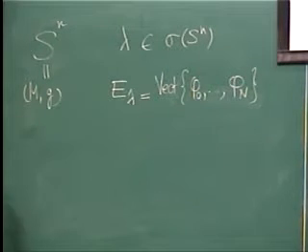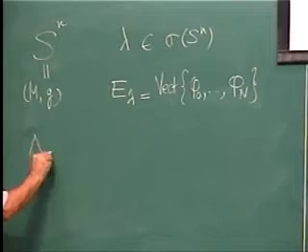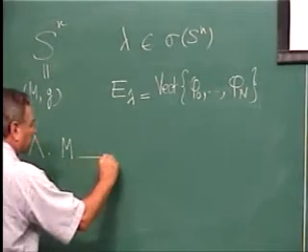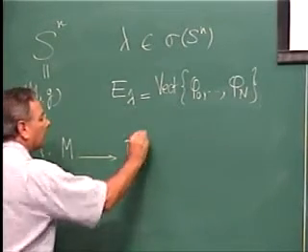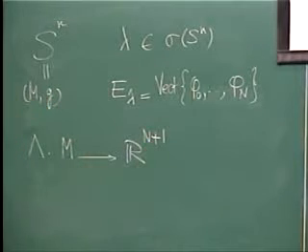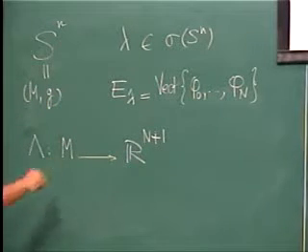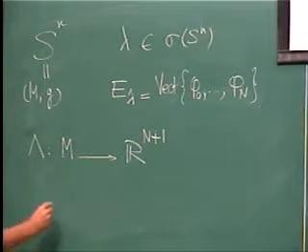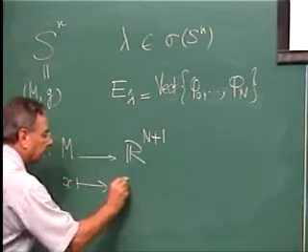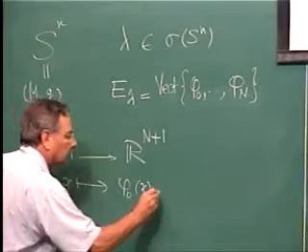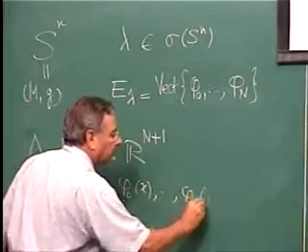So now I can do the following. I can send the manifold into the Euclidean space by x goes to phi_0 of x, up to phi_n of x.